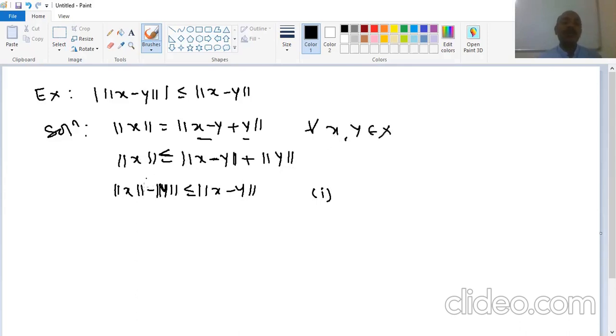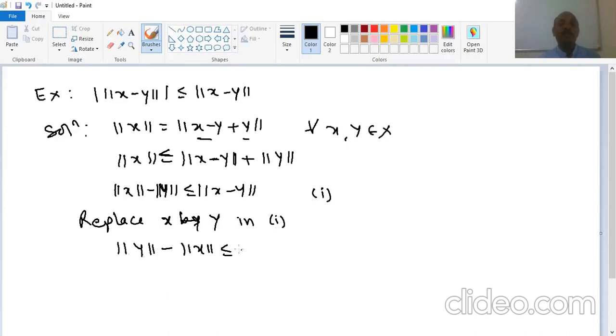So replace x by y and y by x in 1. So norm of y minus norm of x is less than or equal to norm of y minus x.